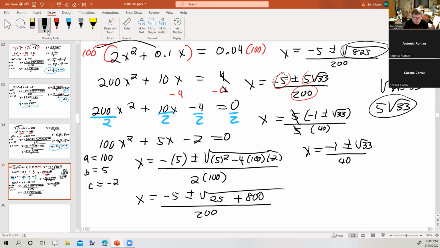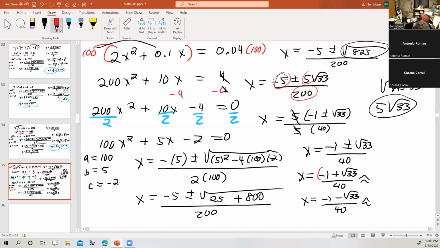So there's my package of my 2 solutions, but I'm going to write them separately. X equals -1 plus the square root of 33 all over 40. X equals -1 minus the square root of 33 all over 40. So again, I've got to put parentheses around the entire numerators and parentheses around the 33 inside the radical.